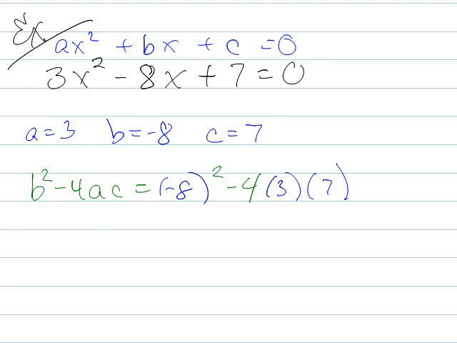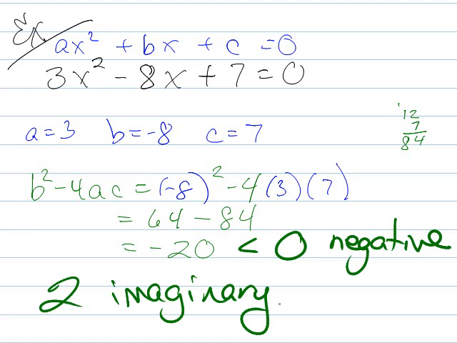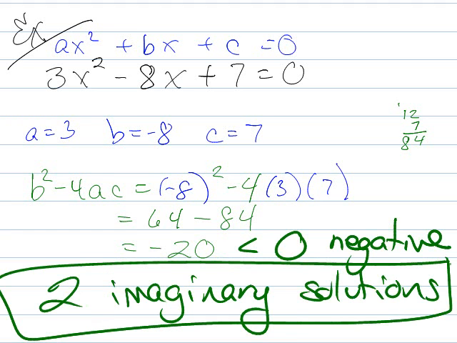That gives us 64 minus 12 times 7, which is 84. 64 minus 84 is negative 20. And we're done. This is negative, so that means we're going to end up with two imaginary solutions. None too bad, right?